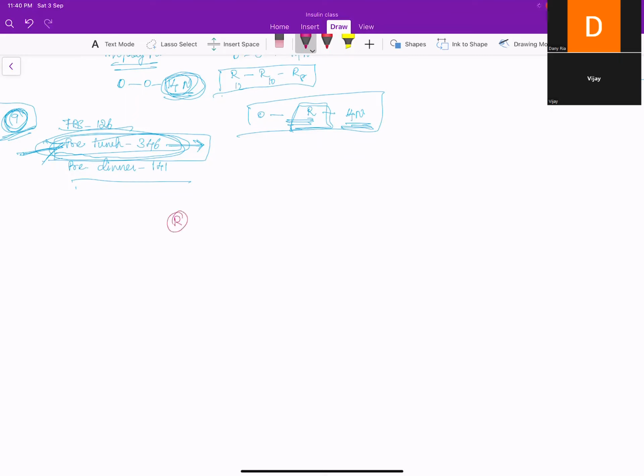Similarly, for bolus insulin also, how to initiate?